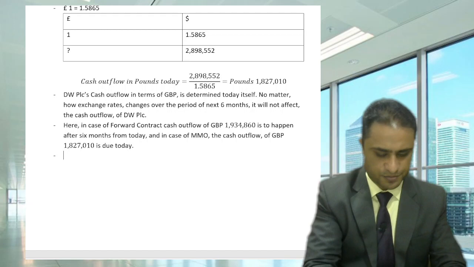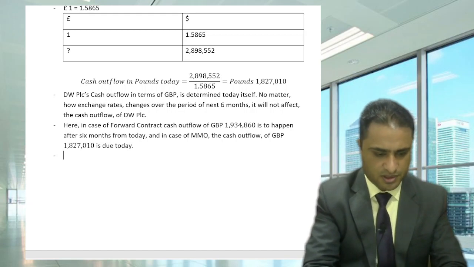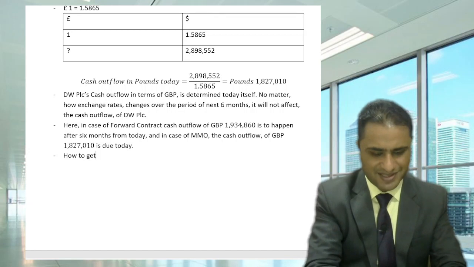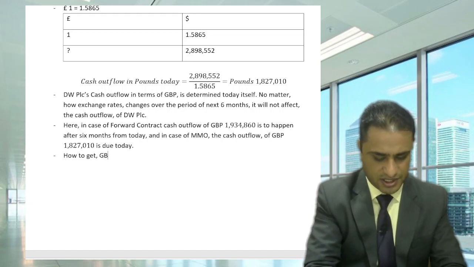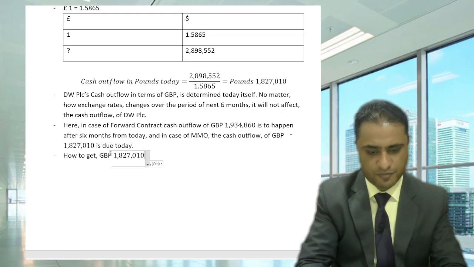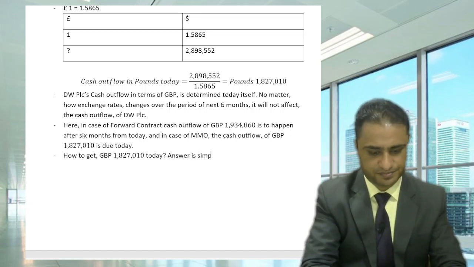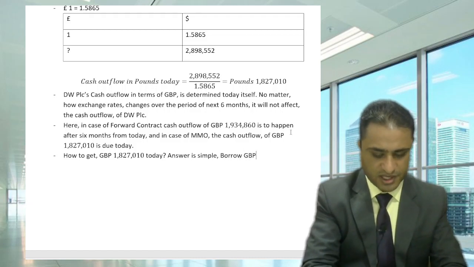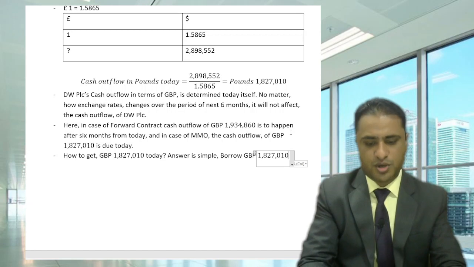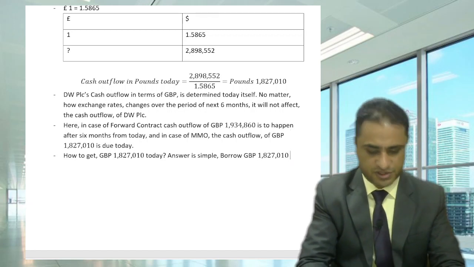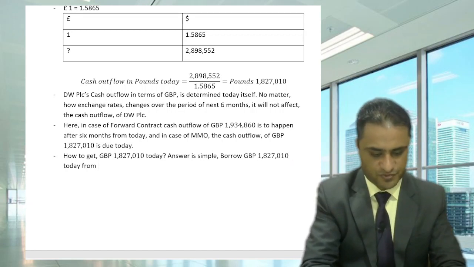So what do? How to get Great Britain pound 1827010 today? Now this is a question. Answer is simple. Borrow Great Britain pound 1827010 today from bank.